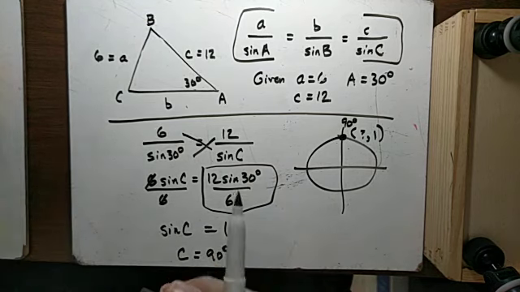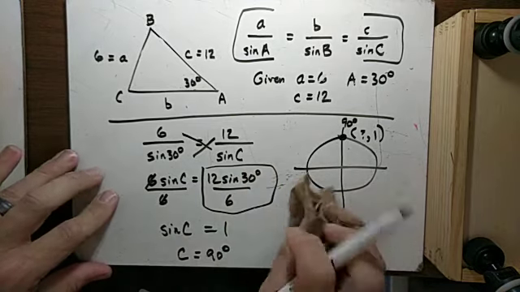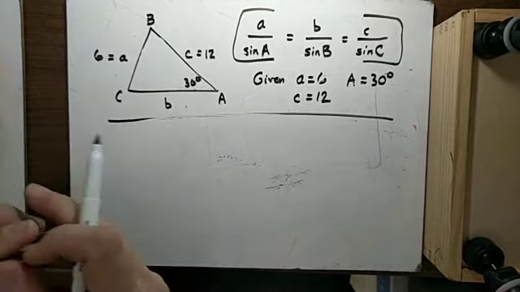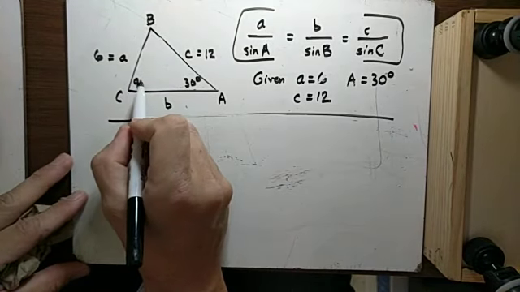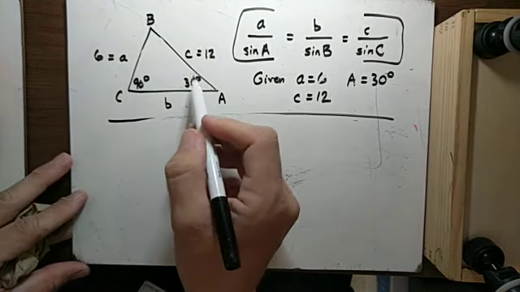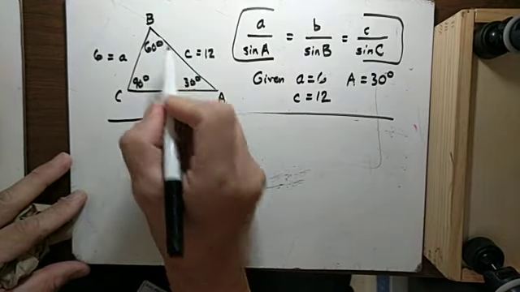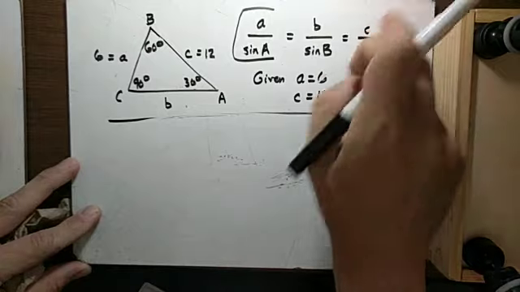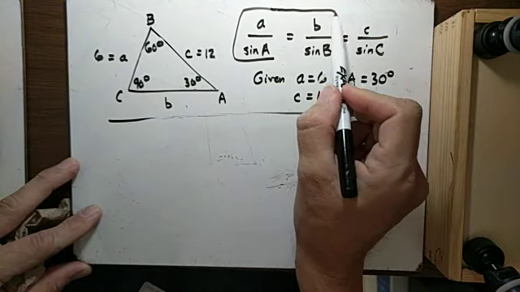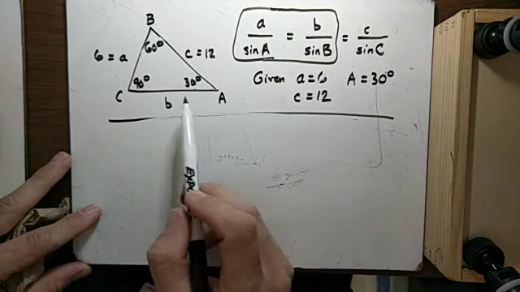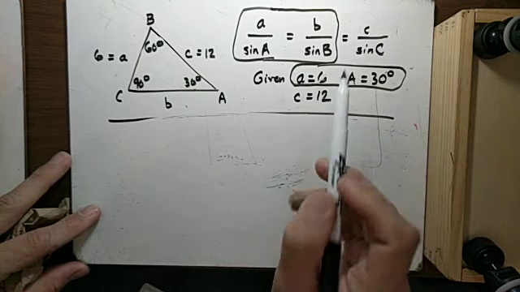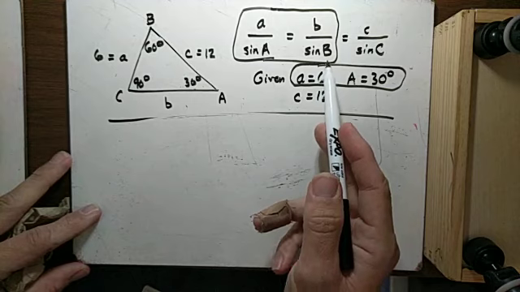All right, so we could solve the rest of the triangle pretty easily, right? Since we know that angle C is 90 degrees now, you could subtract these two from 180, so that's 60 degrees, and now you can use the law of sines with these two to find out what side B is.